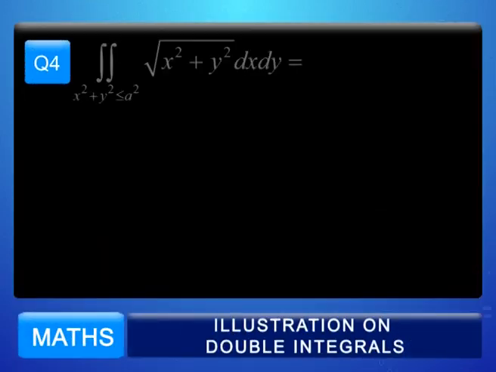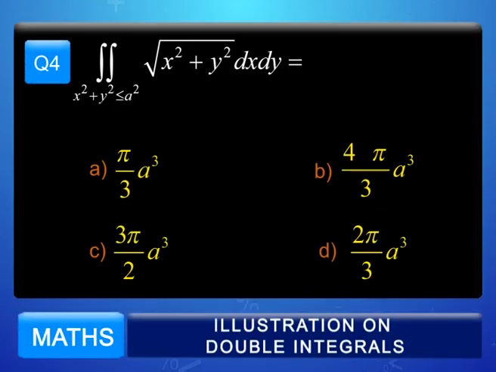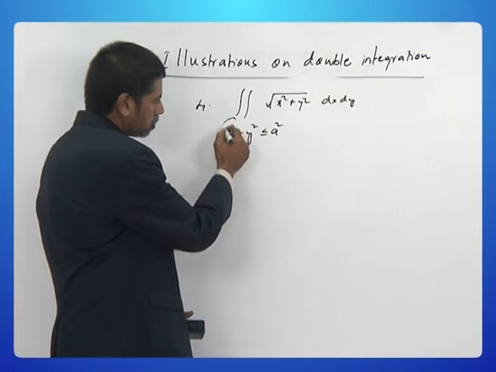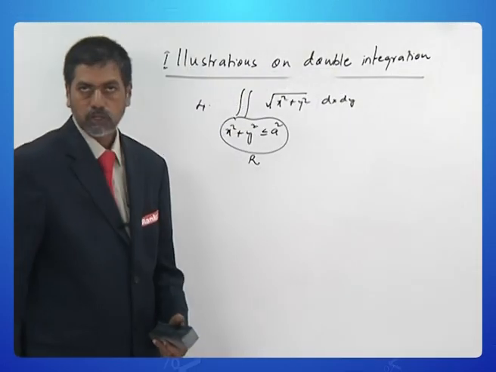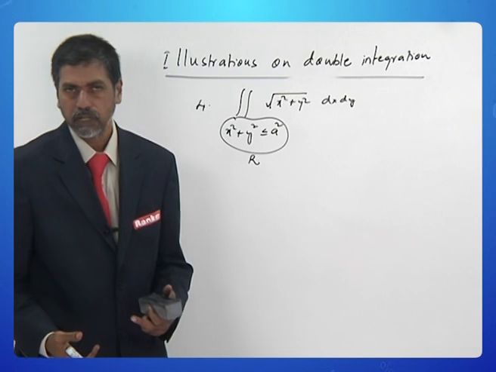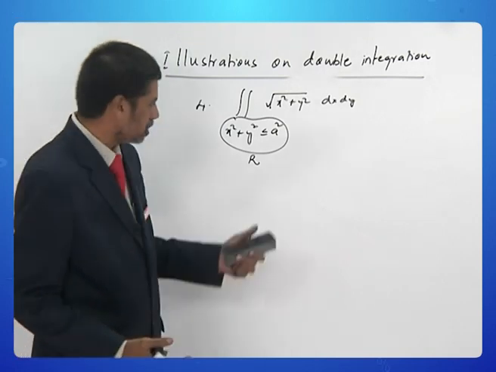Double integral of square root of x squared plus y squared dx dy, and the region is specified like this. So this corresponds to the region of integration. So all of us can easily understand this region.